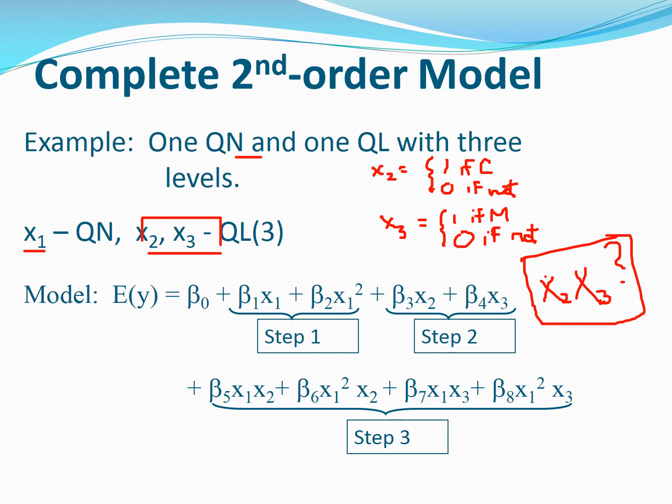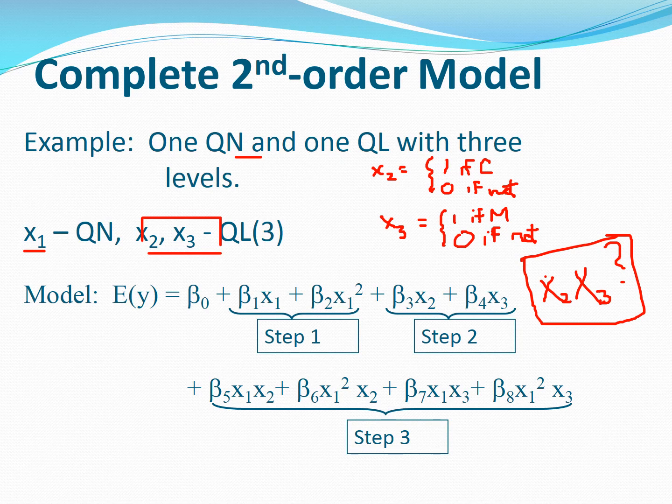Probably, yeah. Convertibles are more expensive. And so in step 1, I'd still have x1 and x1 squared because I'm dealing just with the quantitative. In step 2, though, I would have x2, x3, and also an x4 term to represent my convertible or not variable. And now I would also be able to interact x2 with x4 and x3 with x4. And that would all be called step 2 because I'd be working with the qualitative dummies there.